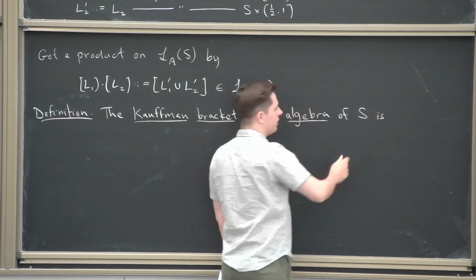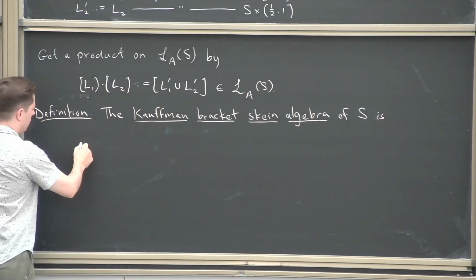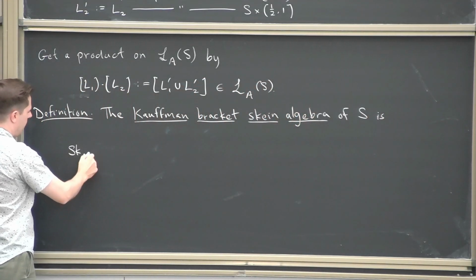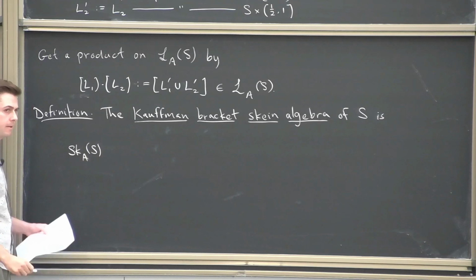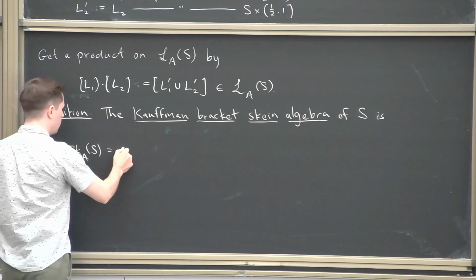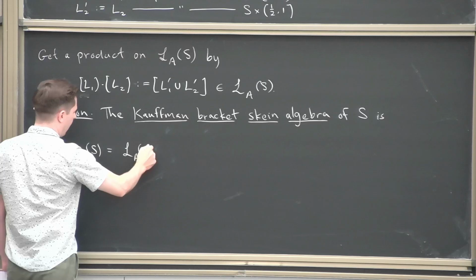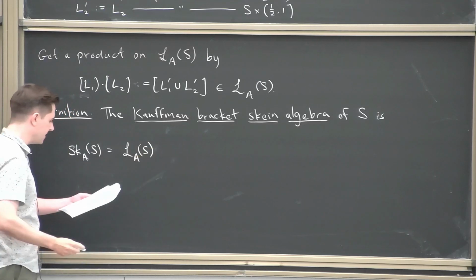We define this as the following quotient. It'll be denoted SKA of S, and it's the quotient of LA of S by some relations, some skein relations.